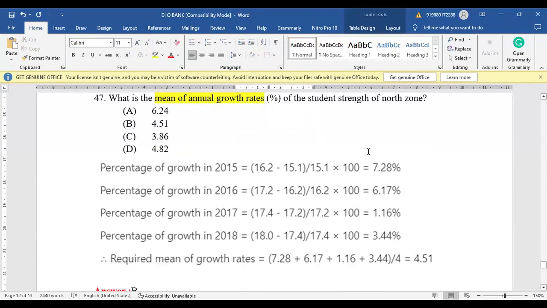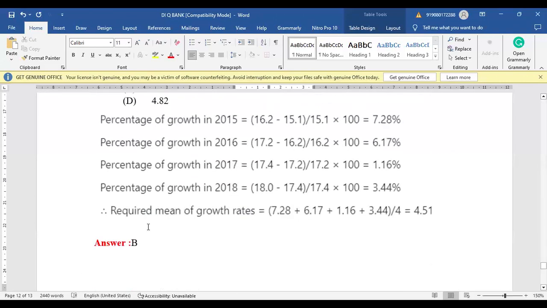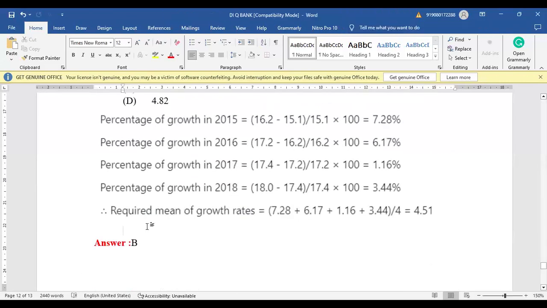This also you can go with the approximation technique. Is it clear? For example, I will put approximation technique. Other years also same model they have operated. I will just show you how approximation technique would work here. 16.2 minus 15.1.